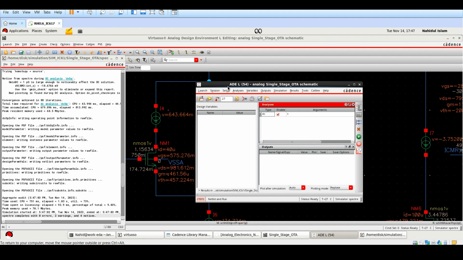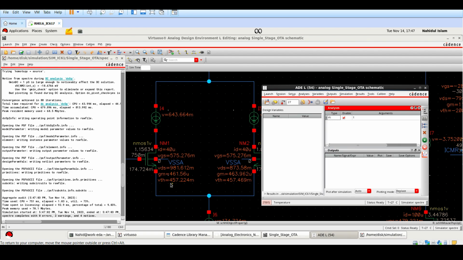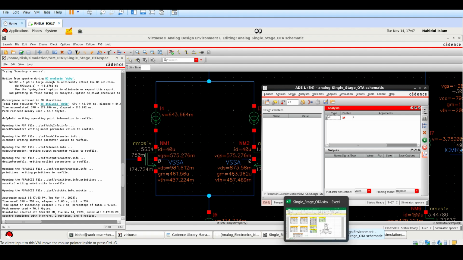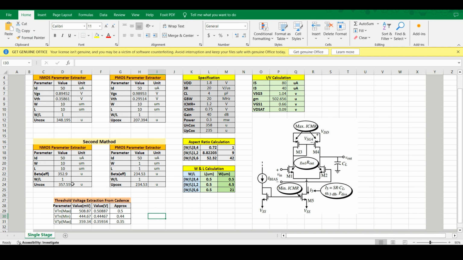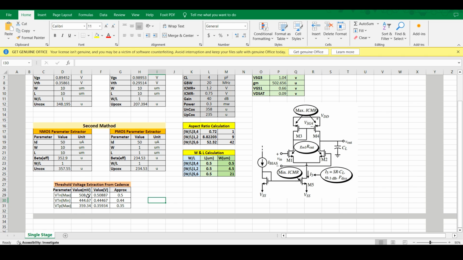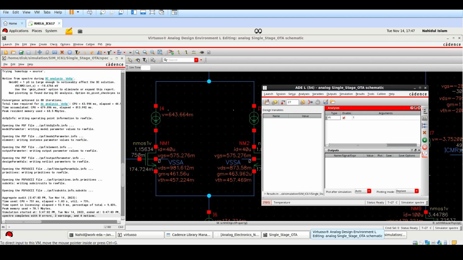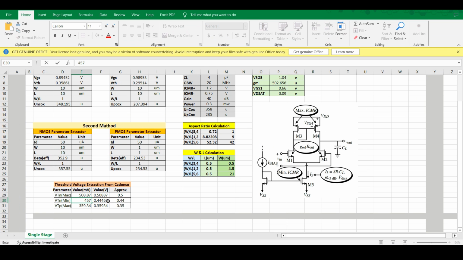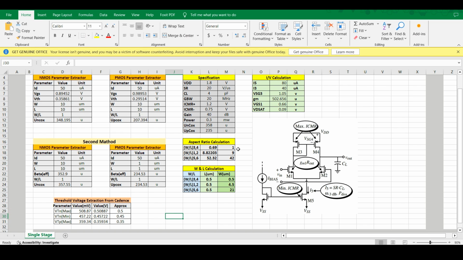Right, the minimum threshold voltage for the NMOS is basically 457.22.